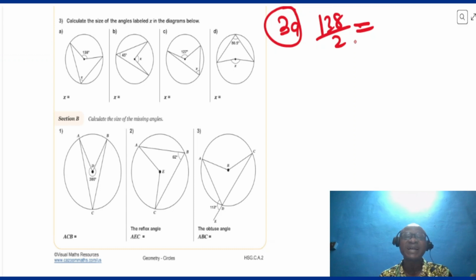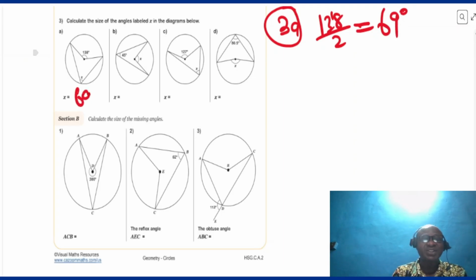The reason is just the theorem I have stated for you. I said the angle at the center is twice the one on the circumference. That is the reason. So 2 into 13 gives 6, remainder 1, and 2 into 18 is 9. So that is 69. Therefore, the value of x here is 69.